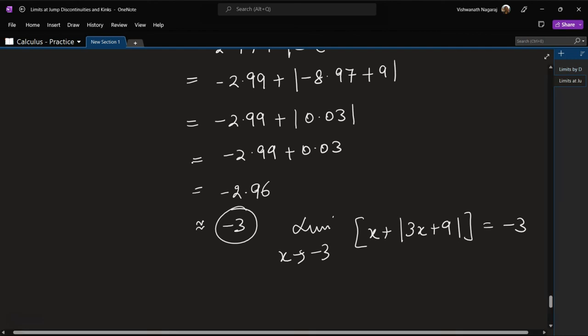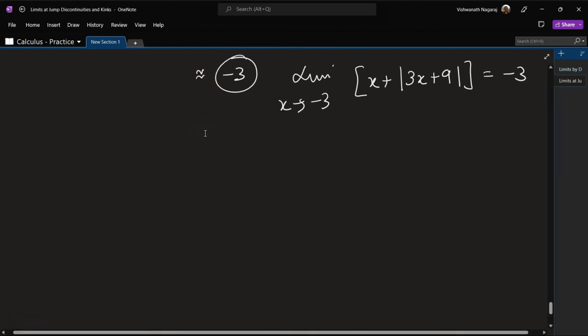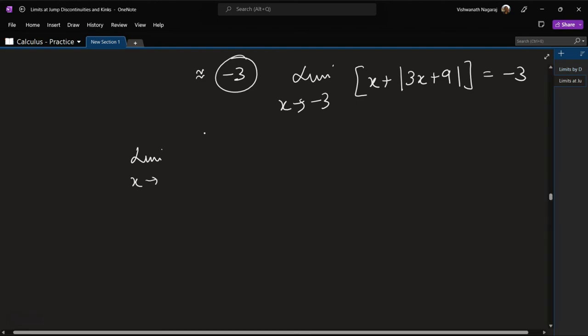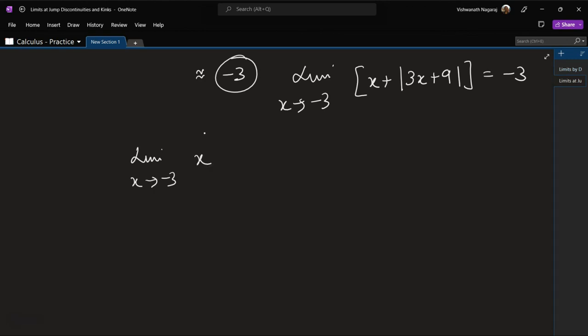Now there is another way of solving this without going through all these hassles, let's very briefly look at that, or rather quickly. Limit as x approaches minus 3 of x plus absolute value of 3x plus 9. We split this into two parts. The limit as x approaches minus 3 of x, plus the limit as x approaches minus 3 of the absolute value of 3x plus 9. Now this we can directly do substitution.